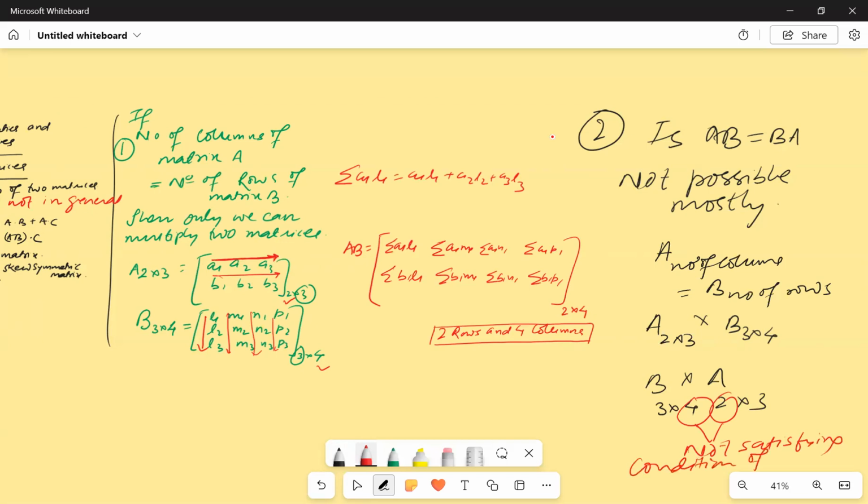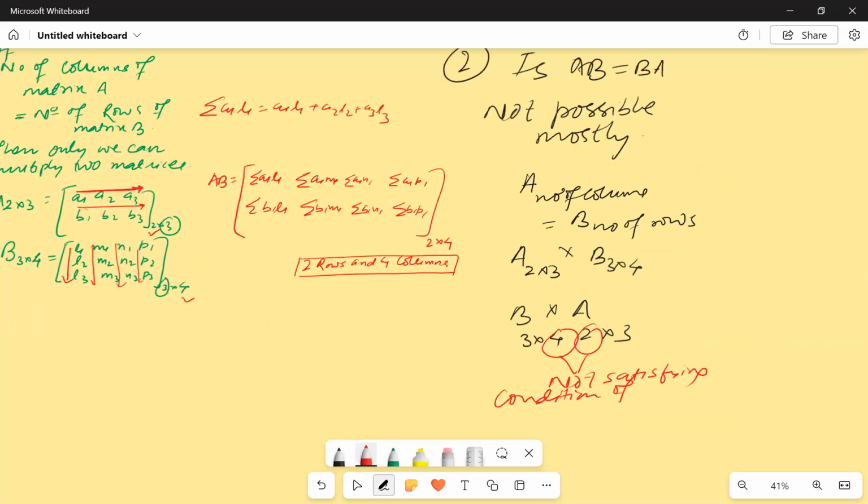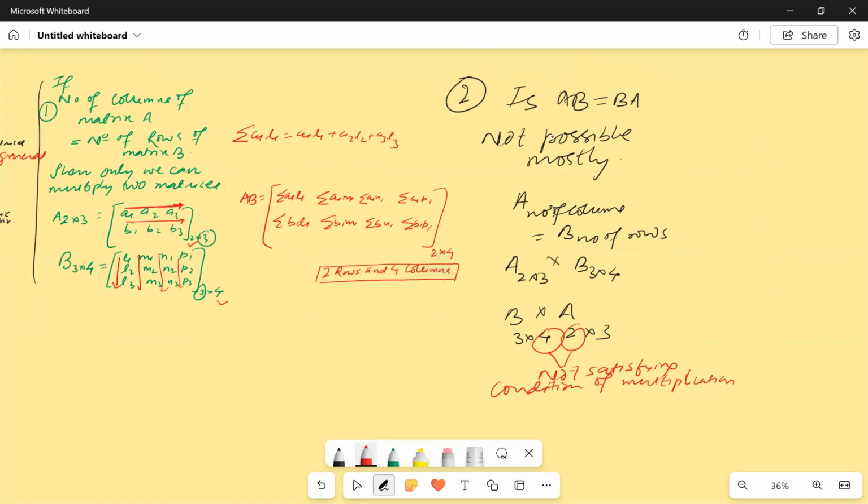Yes, it is possible in some cases, like A into I is equal to I into A, where I is the identity matrix. Suppose this is 3 into 3, this is also 3 into 3. So here we can see this, but these are exceptions. And mostly it will happen in square matrices only.